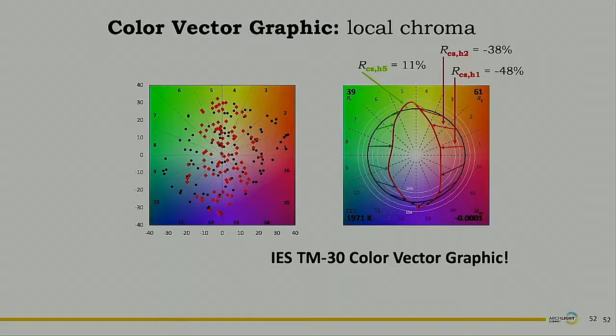And so we can see RCSH1, Chroma Shift in Hue bin 1 is talking about the saturation of red, because Hue bin 1 is red. And in this case, negative 48%. A negative means desaturation, and 48 is massive, right? This is direction and magnitude information. Positive 11% up in the CS5, that's green. So this light source is basically desaturating all colors except for yellow-green.